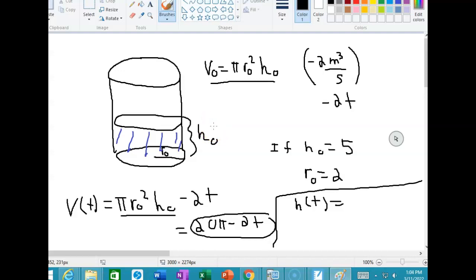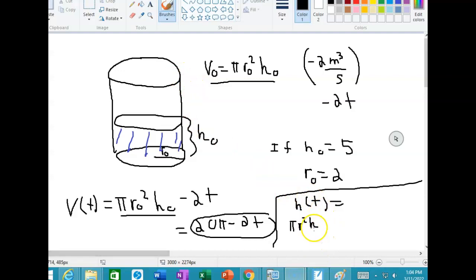To solve for the height, we're looking at the initial height. And the first thing you want to do is write down this pi r squared h. This one is a little confusing here.